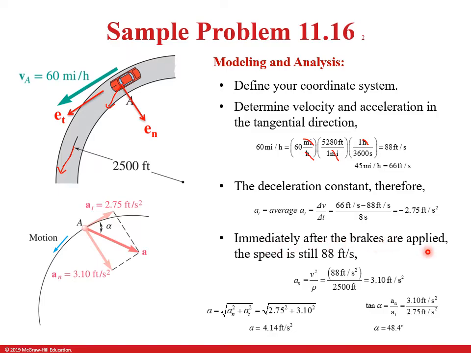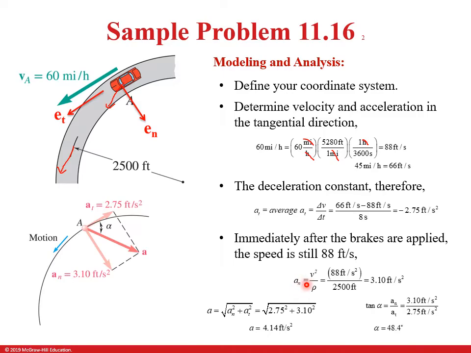Immediately after the brakes are applied, the speed is still 88 feet per second. So now we can do that equation for the normal. The reason we did this is to get the tangential acceleration. Now we need the normal acceleration as well to get the full acceleration, and that'll be Pythagorean theorem here.